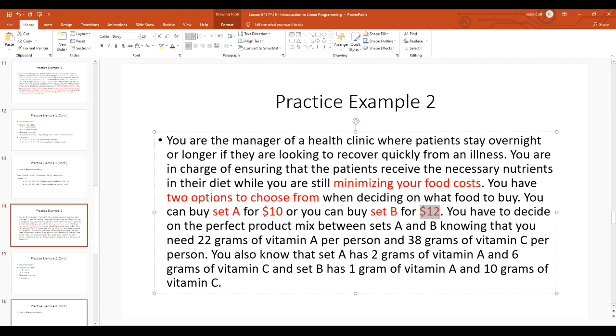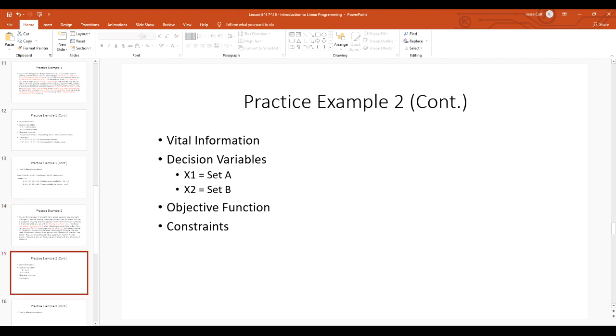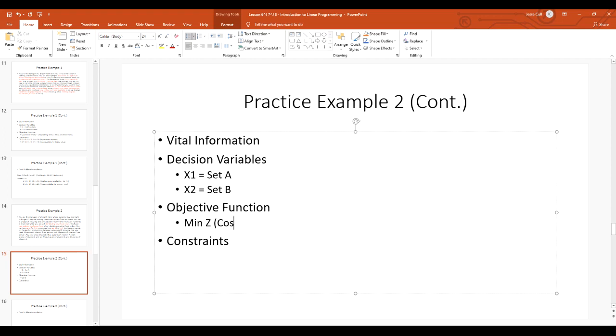So from here, we can go in and we can write our objective function. Minimize Z, which is cost, if set A is $10 and set B is $12.